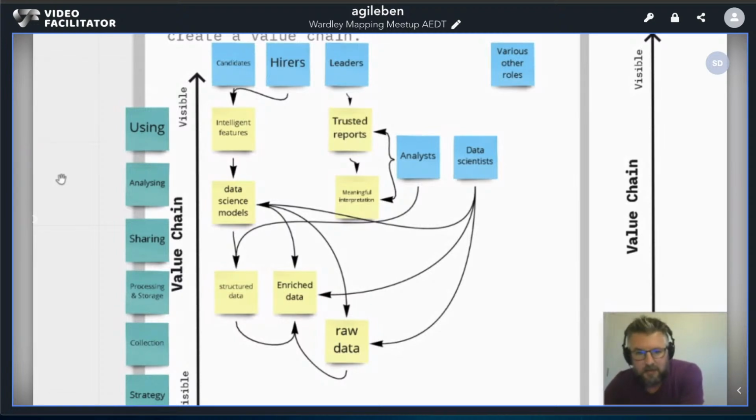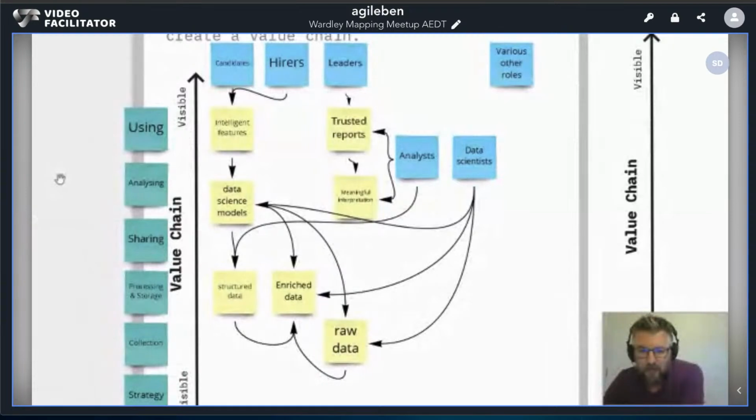Those data science models are powered by the structured data, the enriched data, the raw data, and then we can see the relationships between each of those components. Now, again, this is not a full map, but it's starting to map out different dependencies.